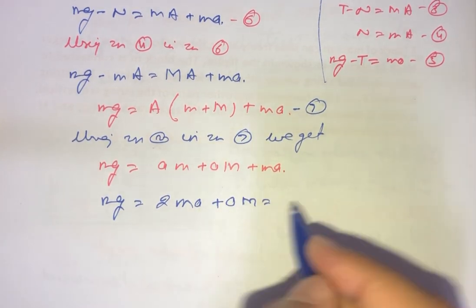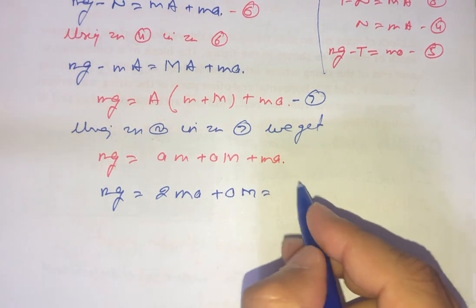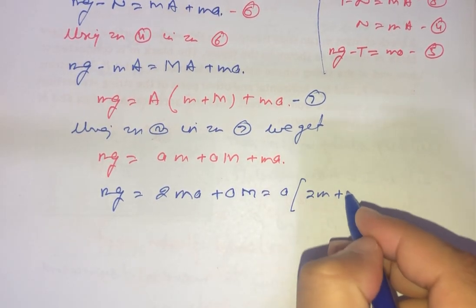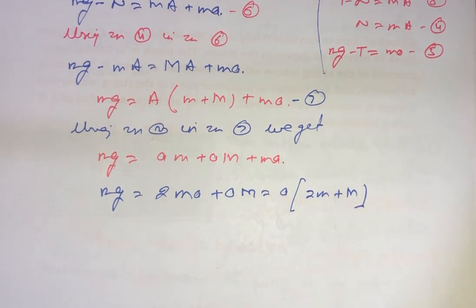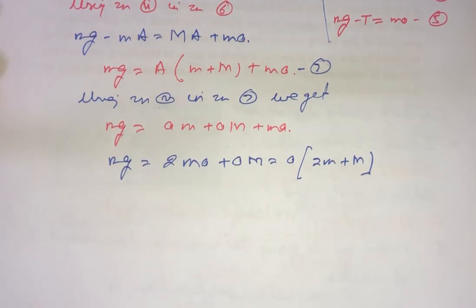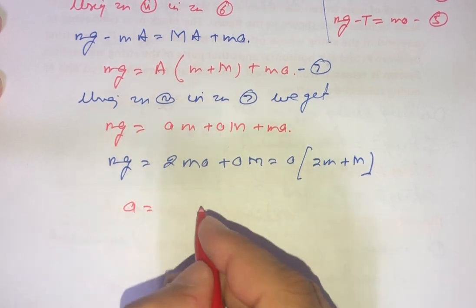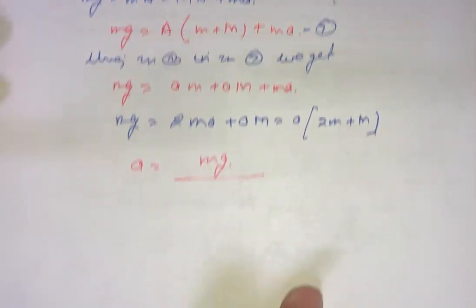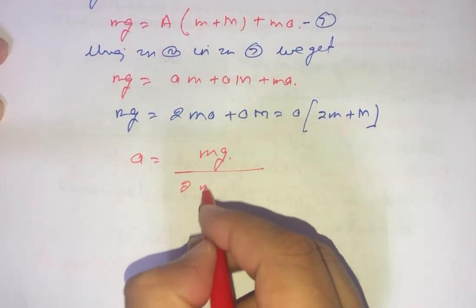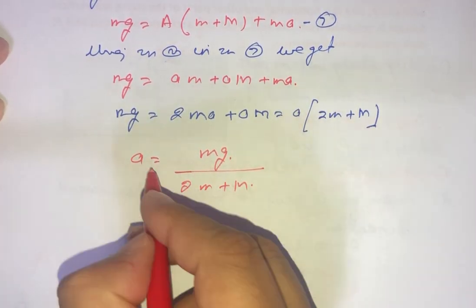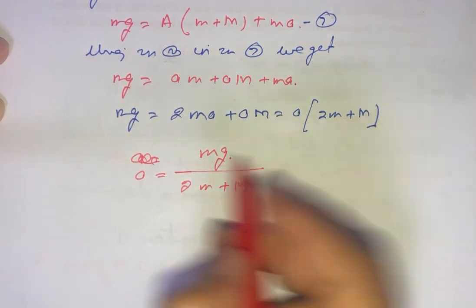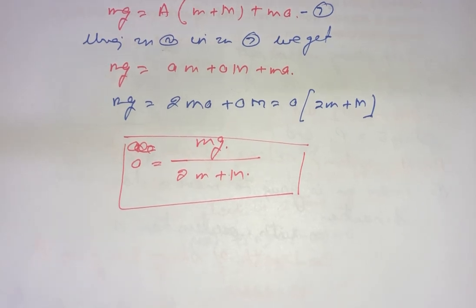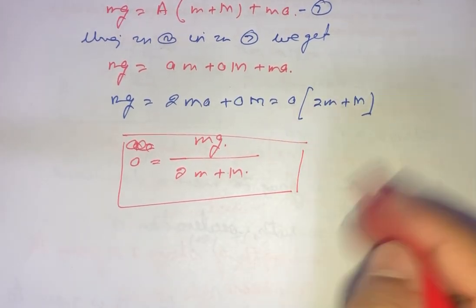We take A as common, we get 2m plus capital M, and from here we can write that A will be equal to mg divided by 2m plus capital M. Okay. So this is the acceleration of small m in the downward direction.